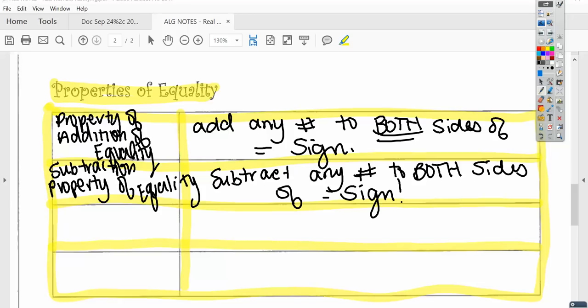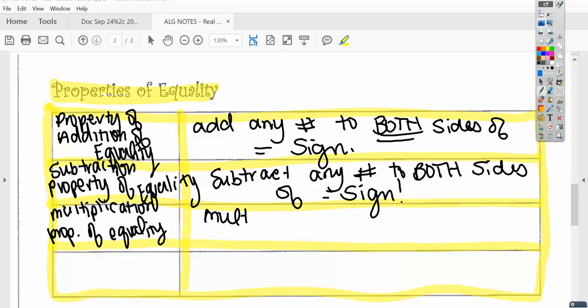Okay. So the second to last one is the multiplication property of equality. So multiplication property of equality is I'm just multiplying any number to both sides.